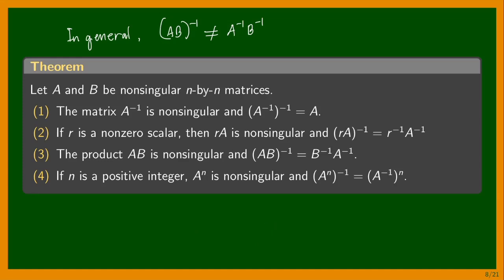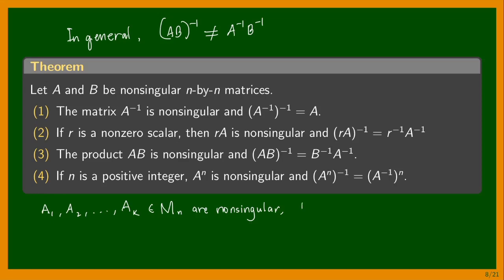Property number 3 actually generalizes to any number of matrices. So if I have matrices A1, A2, up to AK, for example, I have K matrices over here, and all of them are n by n, and all of them are non-singular, okay?